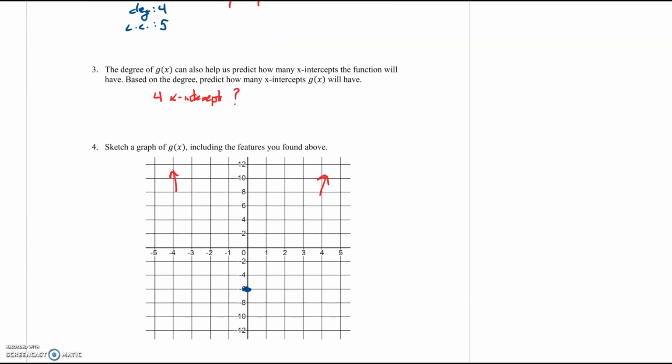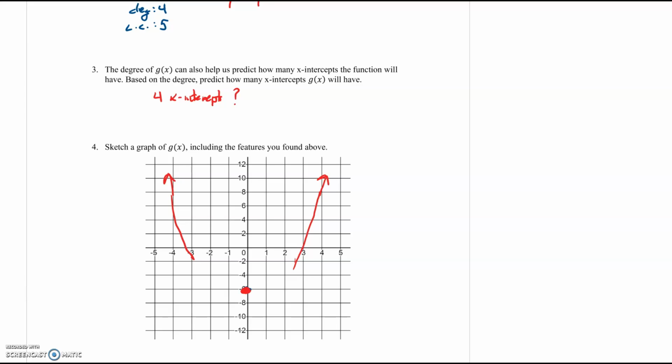I do know that at some point this has to have at least 2 real zeros. It should touch the x-axis at least twice, because it has to be above the x-axis on the left, go below to hit my y-intercept of negative 6, and then end above the x-axis. Anywhere else in between, I'm not really sure.